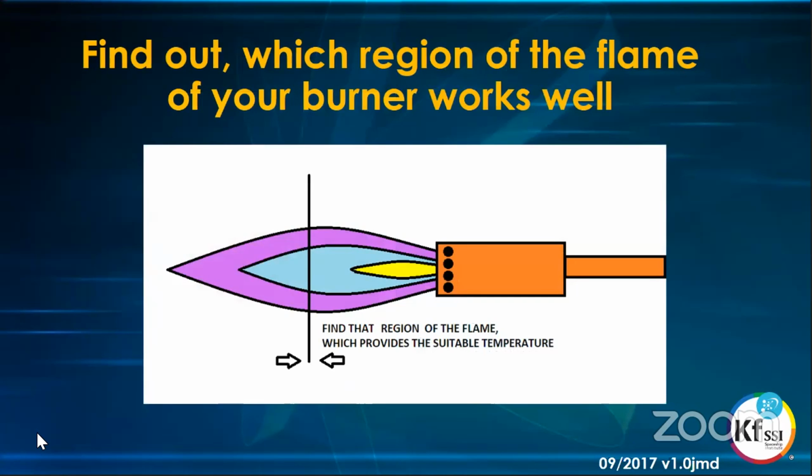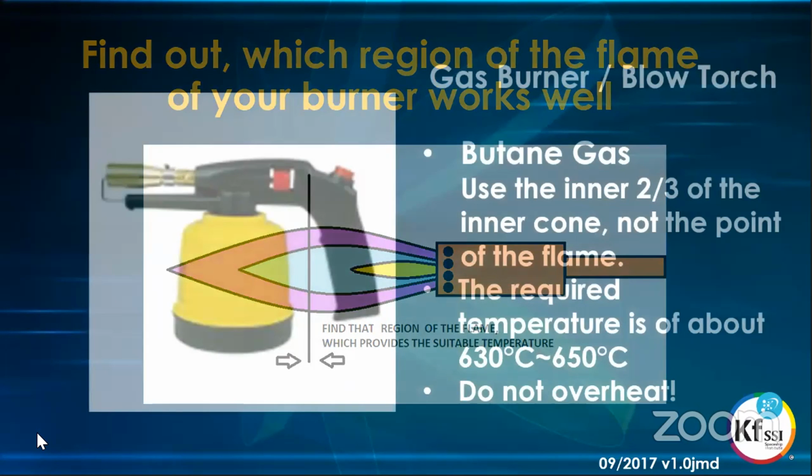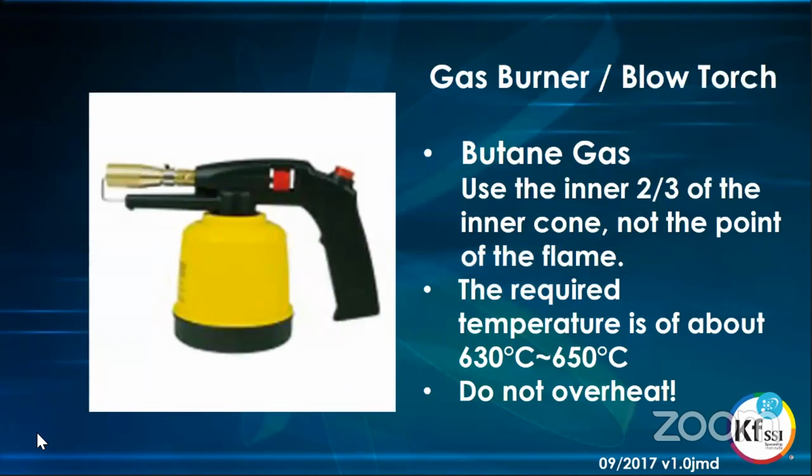Now there are two important points to remember. One, to achieve the right temperature, around 630 to 650 degrees centigrade, which you usually cannot measure if you have no special instrument, but you can judge by the color of the surface. In no case should you raise the temperature until the copper becomes red hot.